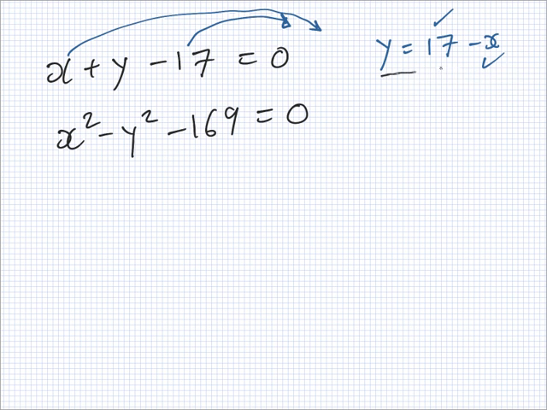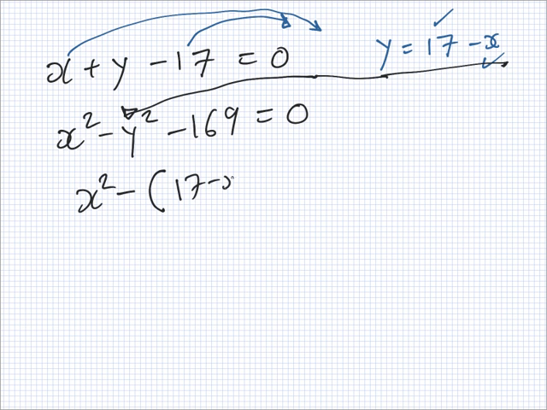So I've just gotten to here. Y is this, isn't it? So I should write here x squared minus bracket 17 minus x squared minus 65 equals 0. And then what do I do next? Open the brackets. What is 17 squared? 289, is it?